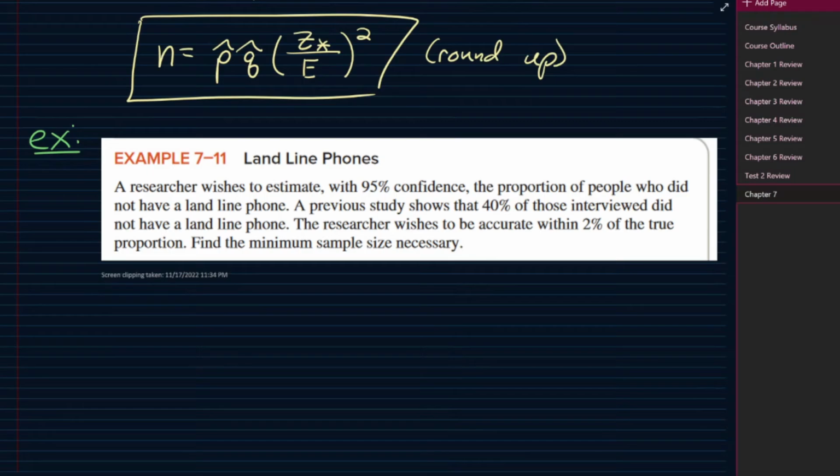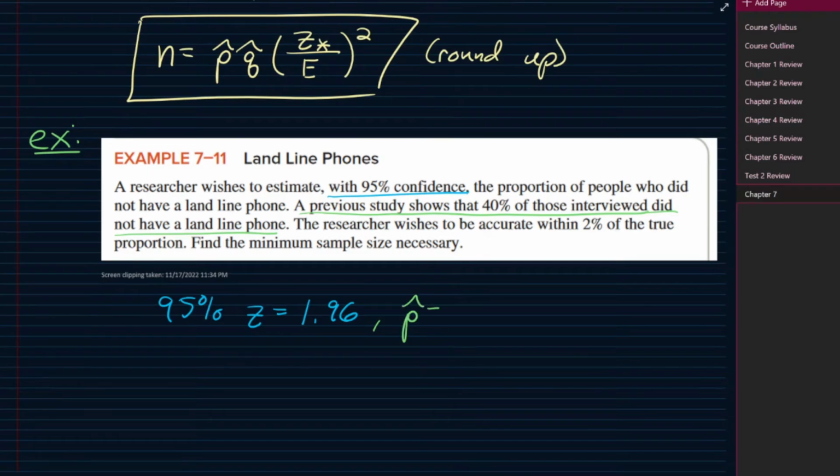Okay, so 95% confidence interval. That's a z value of 1.96. A previous study shows that 40% of those interviewed did not have a landline phone. So our p hat, that's 0.4.